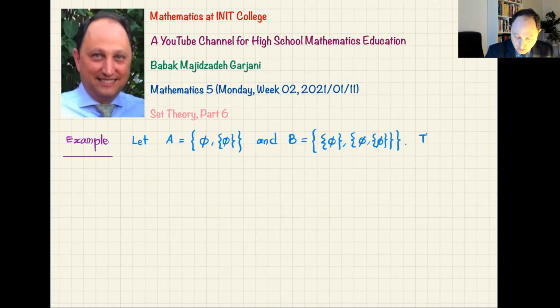Okay, then what is A intersection B in this case?